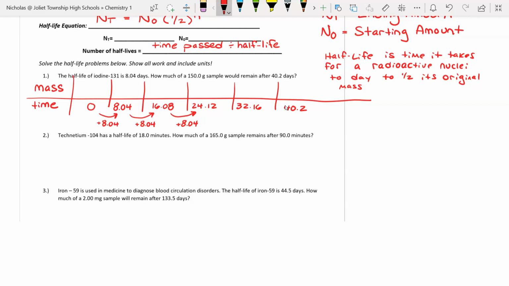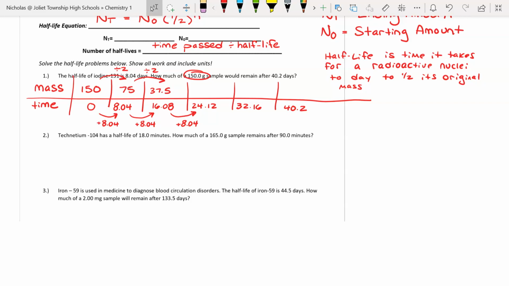Okay, on the top, we're going to write in our original mass, which is 150. Each column I'm going to divide by 2. So 150 divided by 2 is 75. And again, I'm going to repeat the process, divided by 2. 75 divided by 2 is 37.5, and I'm just going to keep going here.